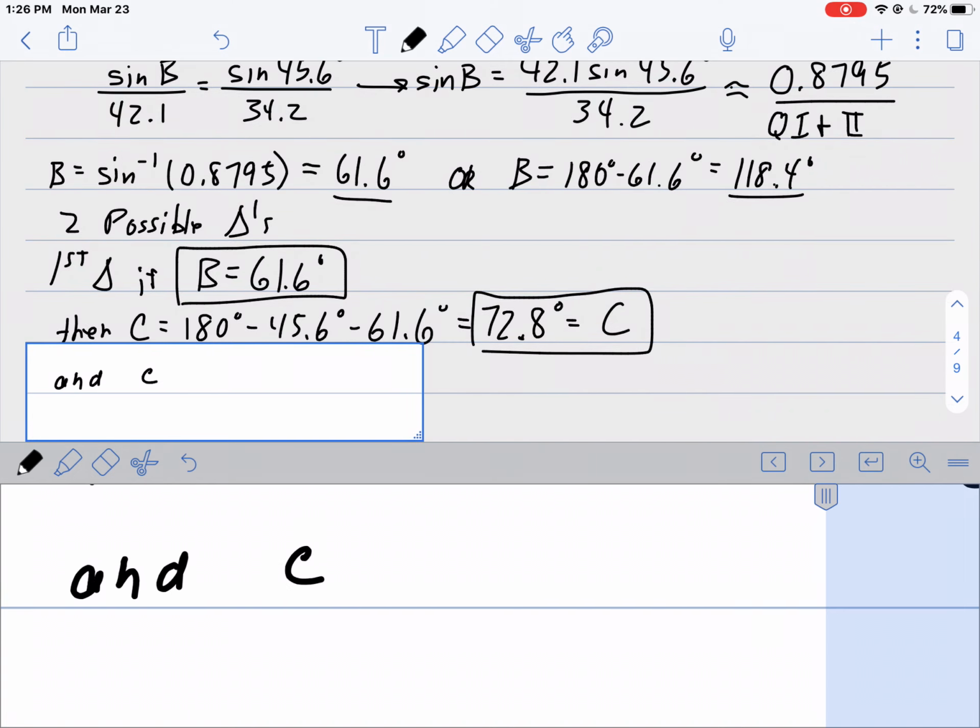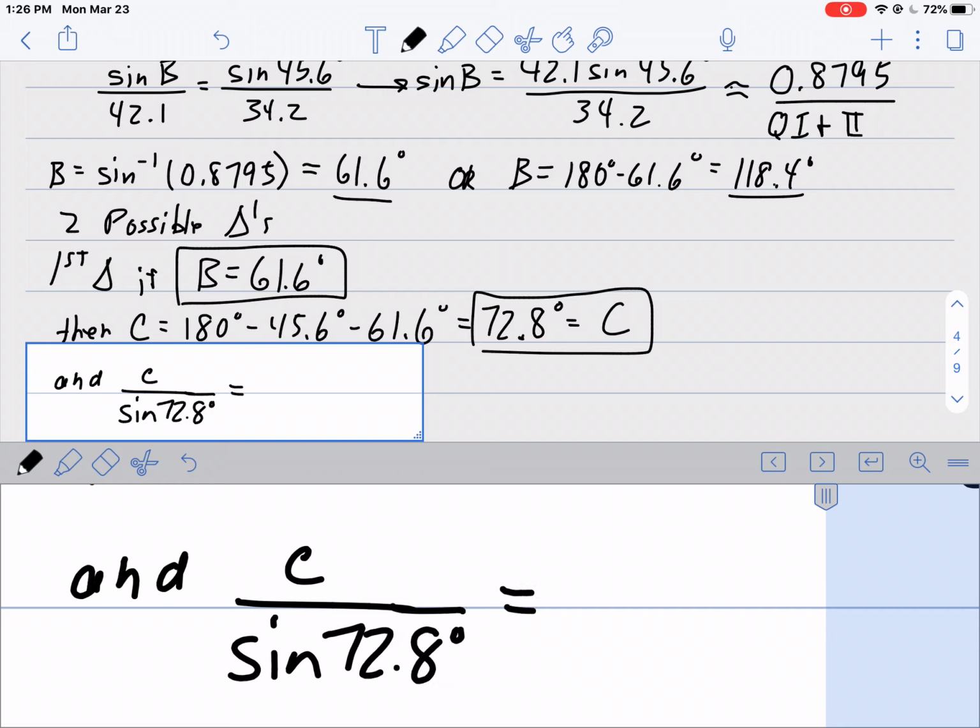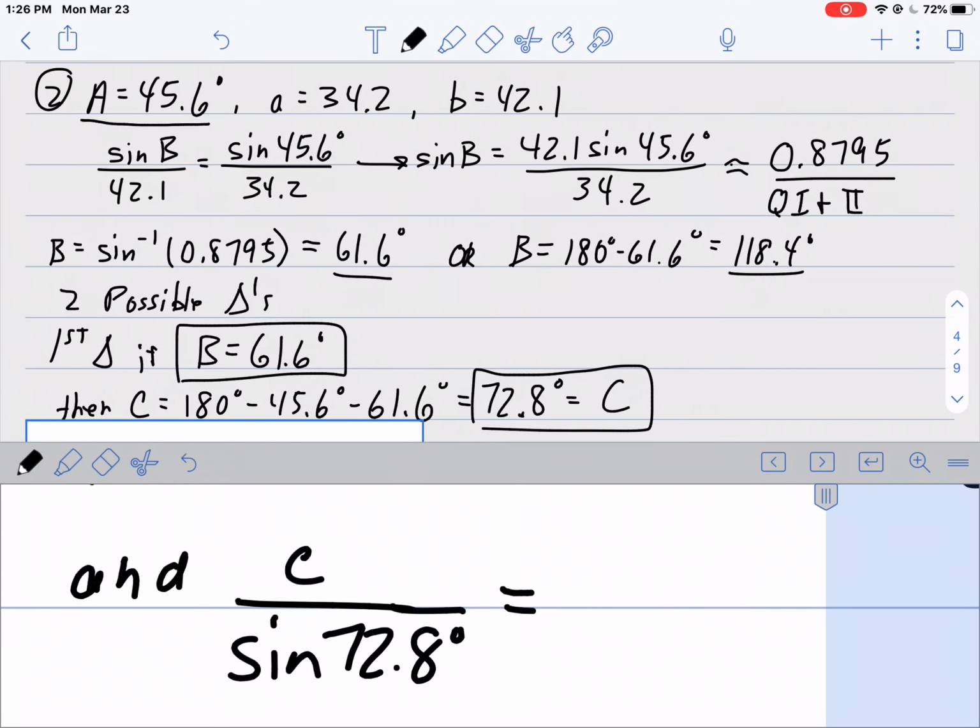And since I'm looking for side C, I'm going to use C over sine C, the sine of angle C that we just found, equal to a ratio set up with one of the other two, either A over sine A or B over sine B. And since I know A and angle A in the initial problem, I'm going to use A over sine A. As I always like to use the information in the initial problem as much as possible, just to maximize the accuracy.